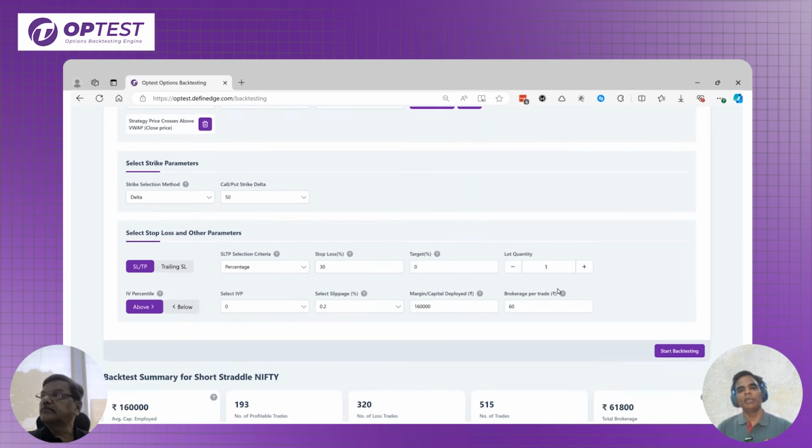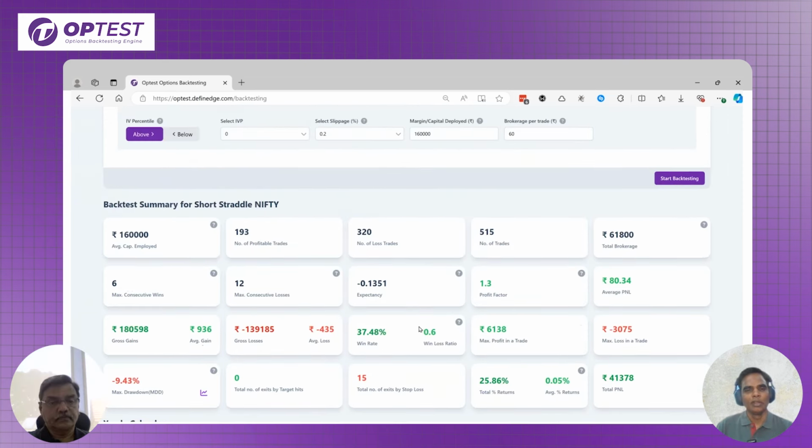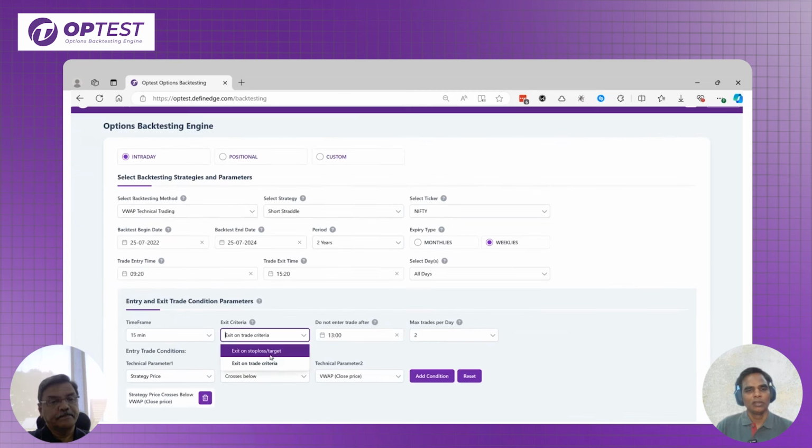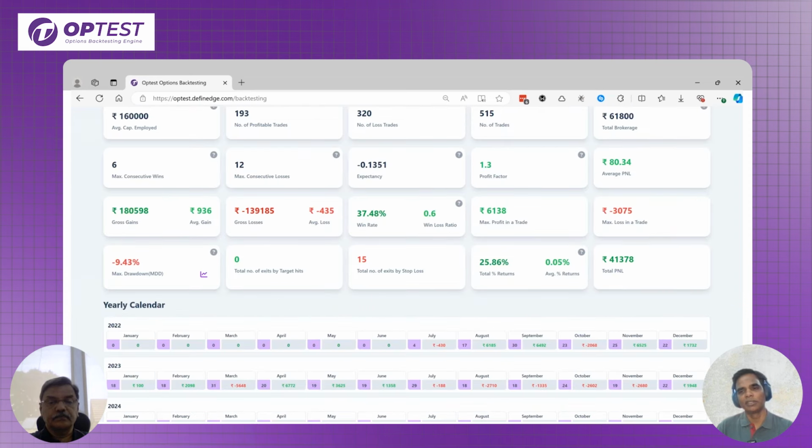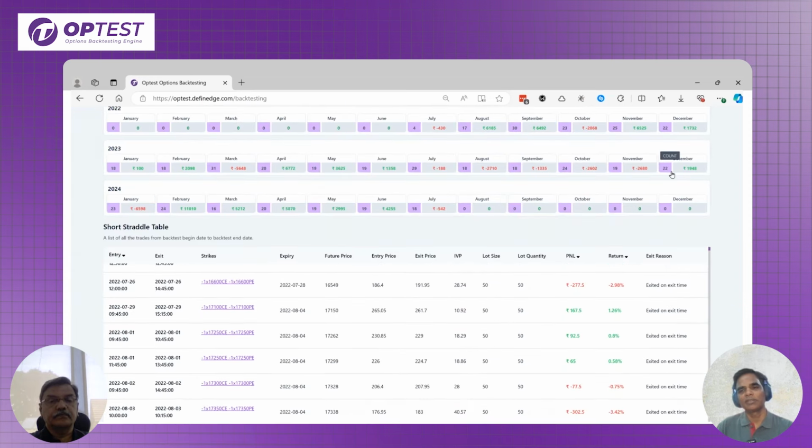So maybe this is not better, or maybe let's say you can exit this on stop loss criteria. Then let's see what happens. 30%. Then let's backtest. Though it is a good backtesting result, your expectancy is not positive.